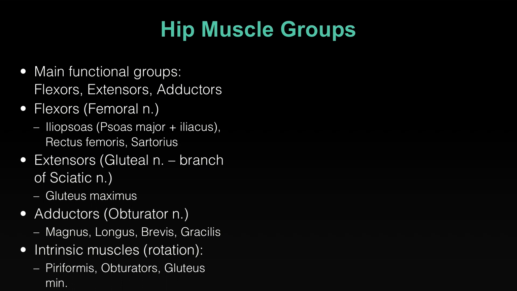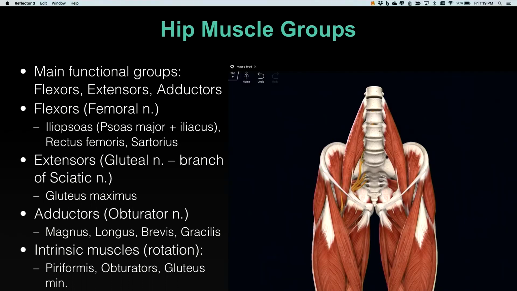And I have broken these down into a slightly different arrangement. You will be seeing compartments a lot. I think the lab manual does, the book certainly does, break it into anterior, posterior, medial compartments.